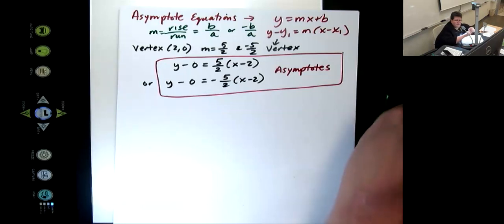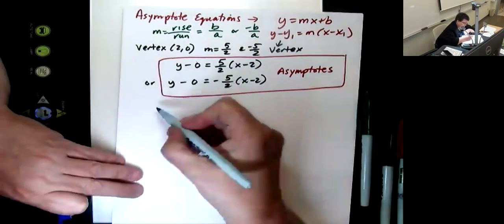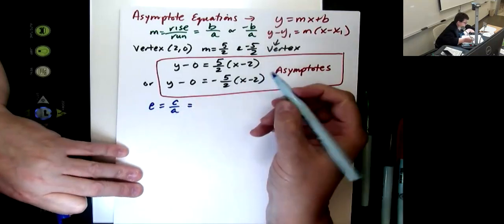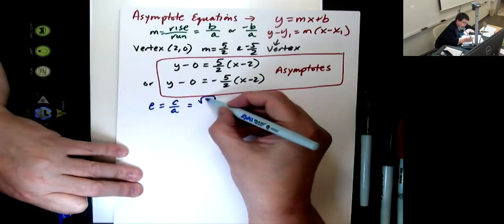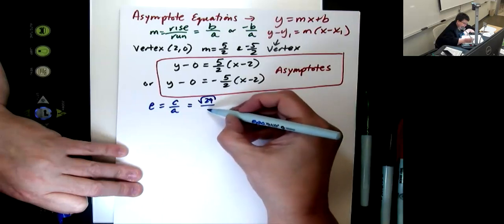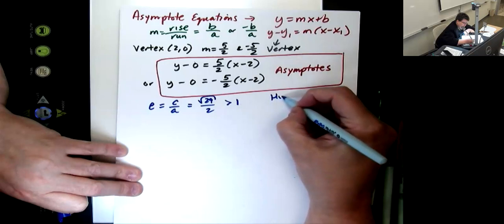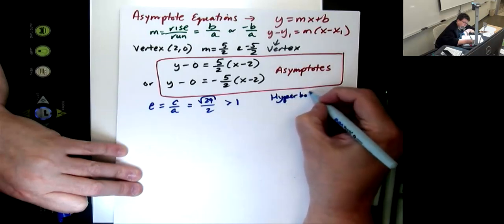Now, if you try to do eccentricity here, square root of 29 over 2 ends up being greater than 1. Hyperbolas have an eccentricity greater than 1.